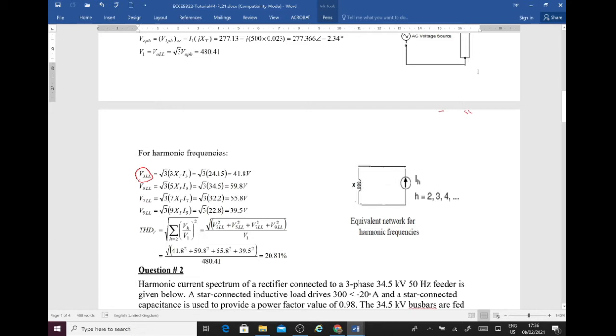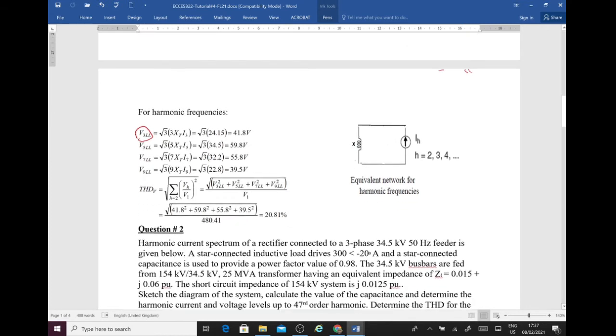Then times root 3 to find the line voltage, and that will be the total result. Now, to find the total harmonic distortion, we take the square root of the sum of those values squared divided by V1, and that should give us the total harmonic distortion, and it will be 20%. So that is with respect to the first problem.